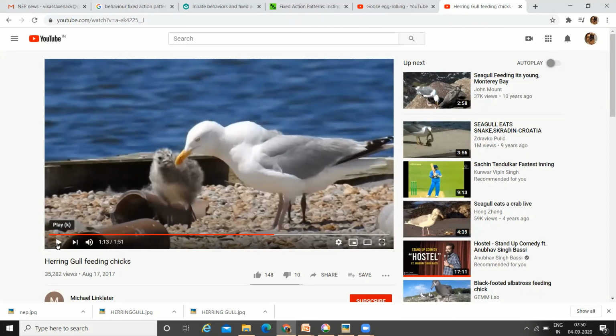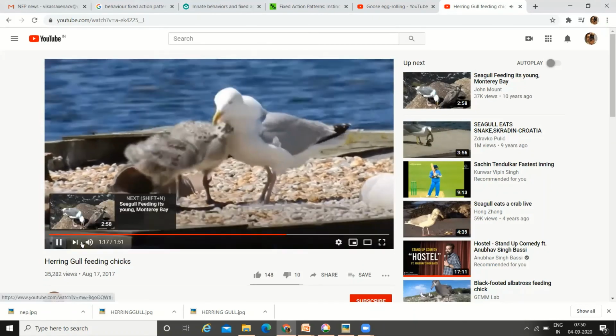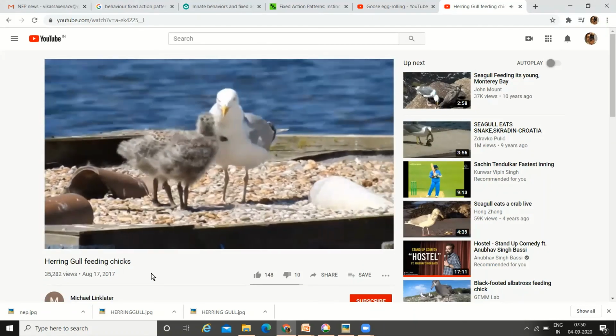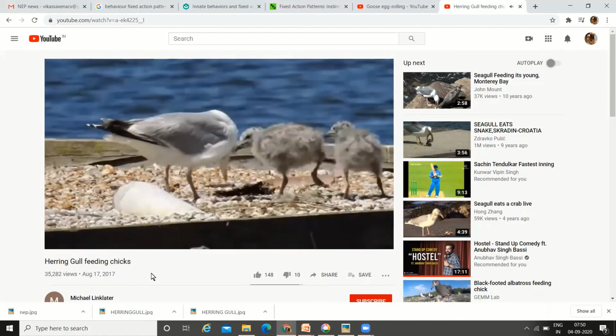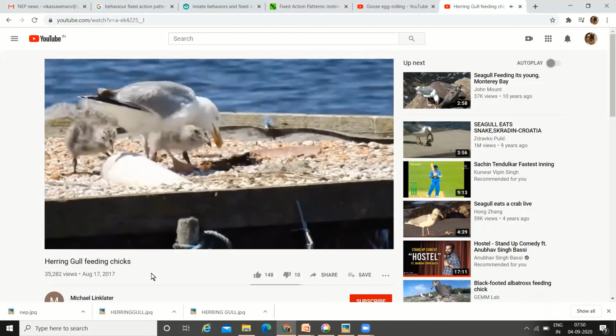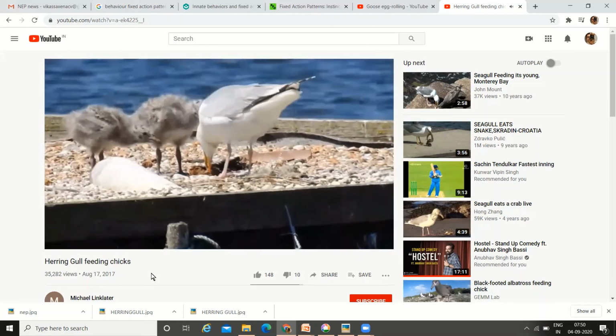It has a small red spot on the beak, on the lower side of the beak, and the chick will try to poke the red spot, and the parent will give food to the chick. See, the chicks are poking the beak, and see, the female has given food to the chicks.